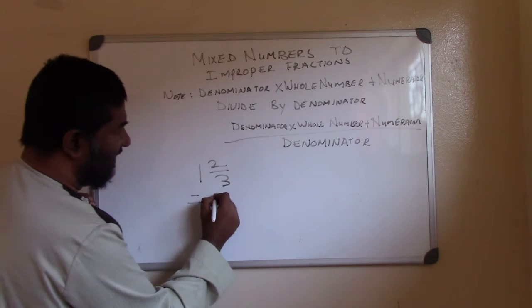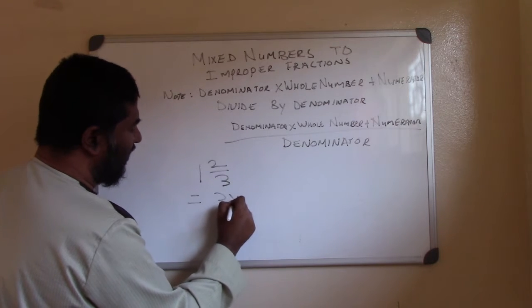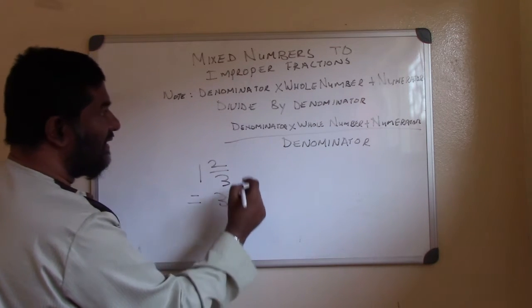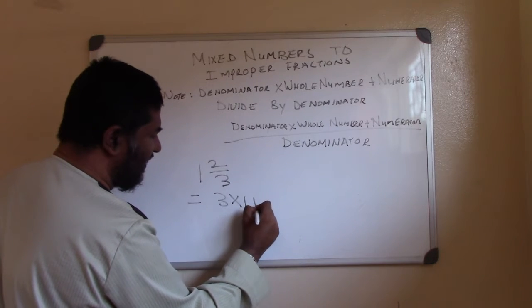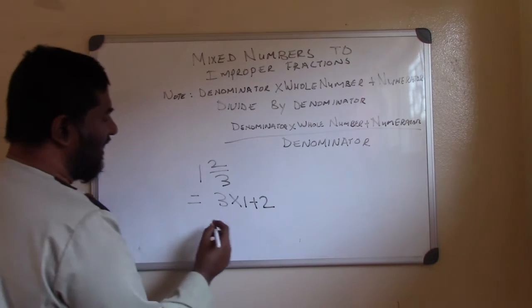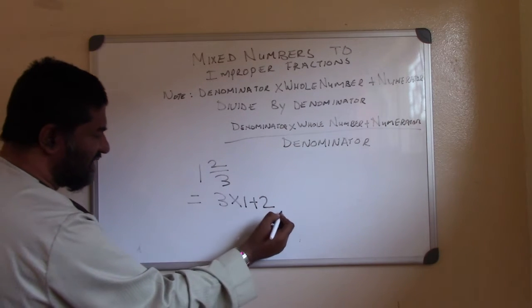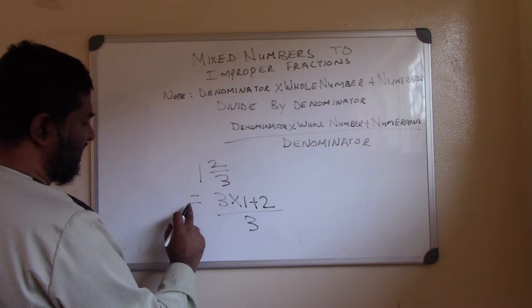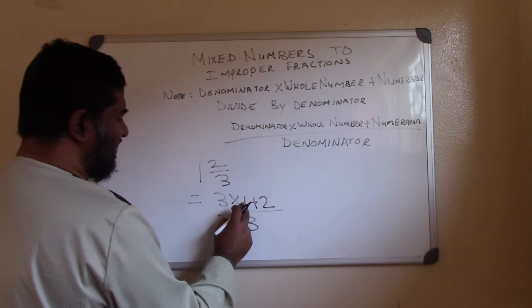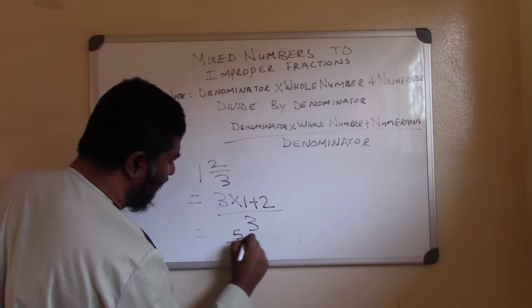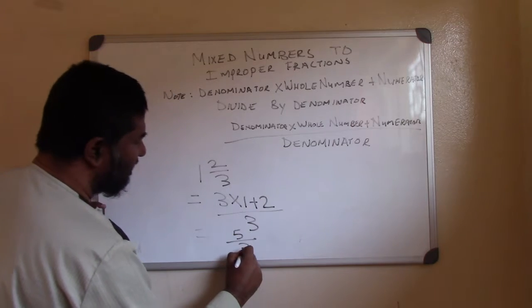It's 3. What is my whole number? 1. So it's 3 times 1, and then I'm going to add the numerator, which is 2. Then I divide by the denominator, which is 3. 3 times 1 is 3, plus 2 is equal to 5 over 3.